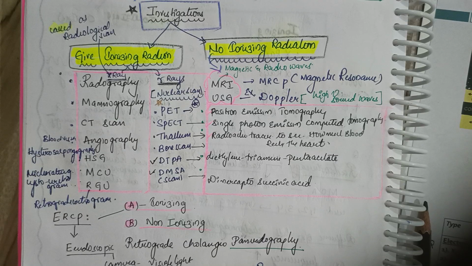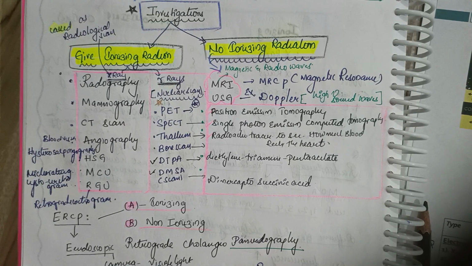So these are the important aspects: DMSA, dimercaptosuccinic acid, DTPA, diethylene triamine pentaacetate, then thallium, the radioactive tracer to see how much blood goes to the heart.